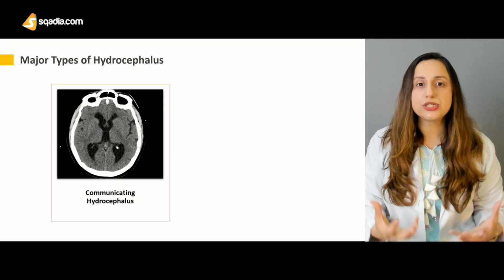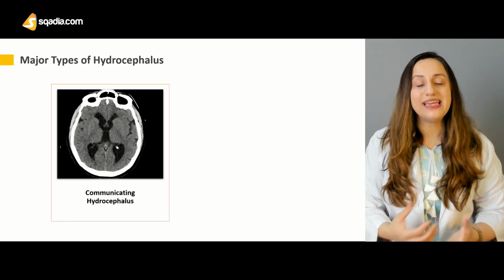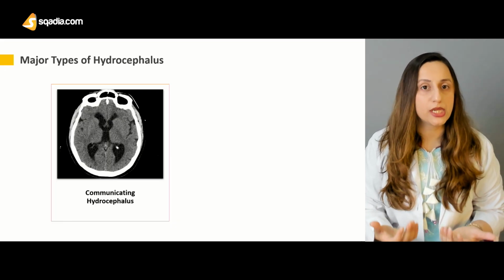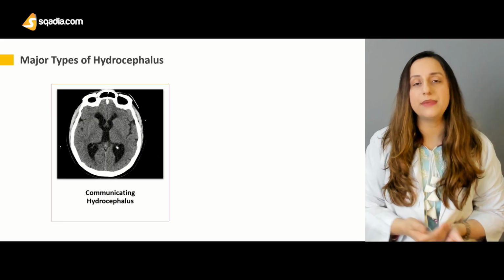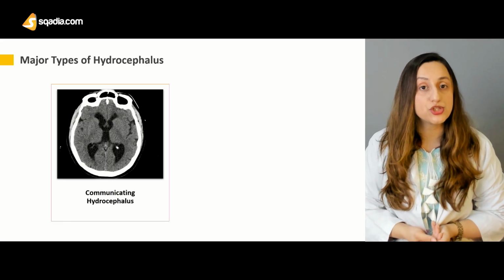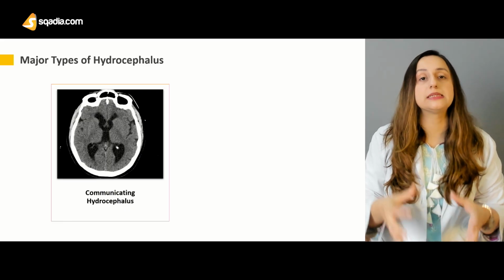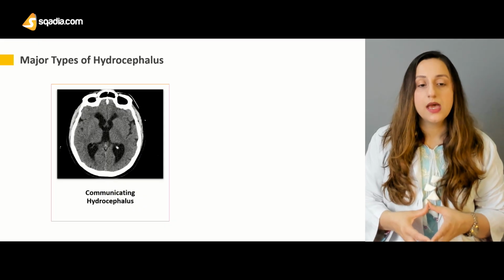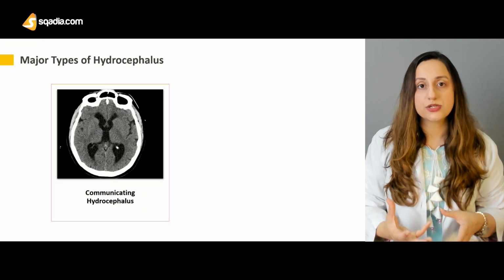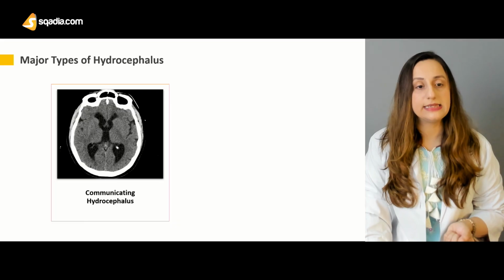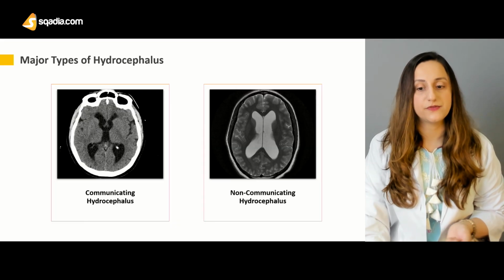All of these conditions can give rise to inflammation in the subarachnoid space, and can result in a condition of communicating hydrocephalus. So this is again one of the clinical types of hydrocephalus.